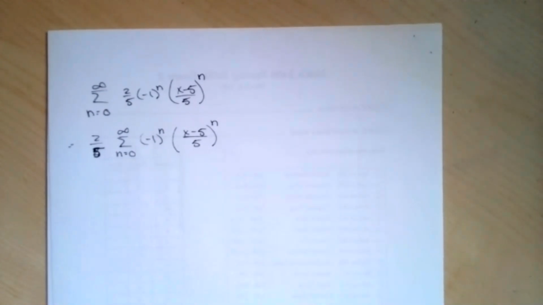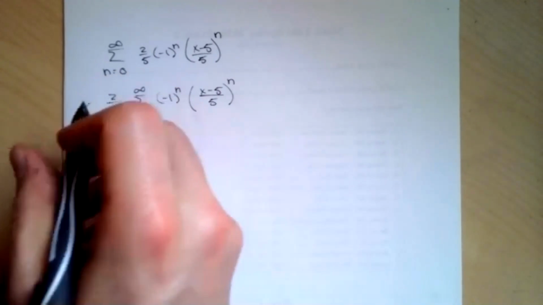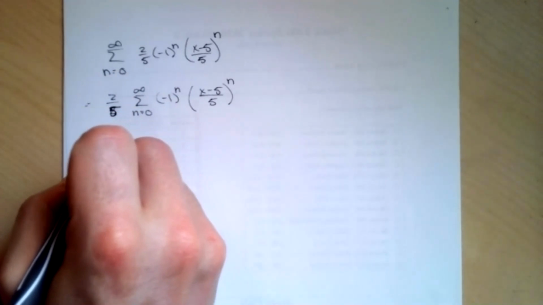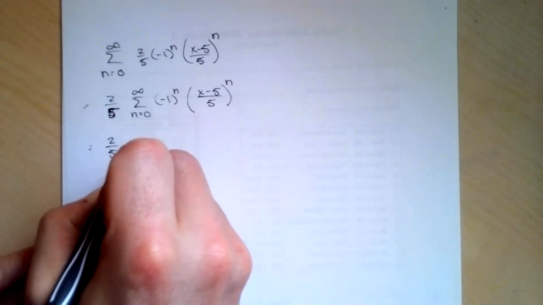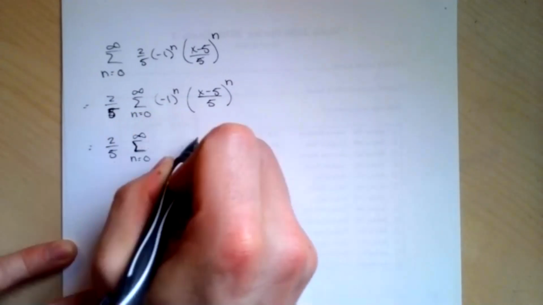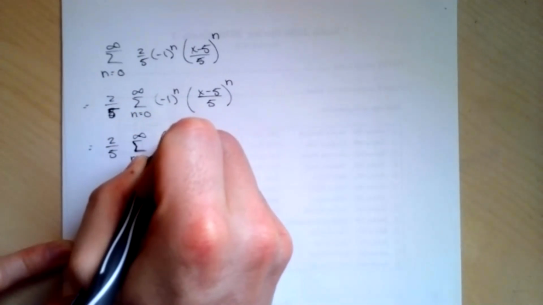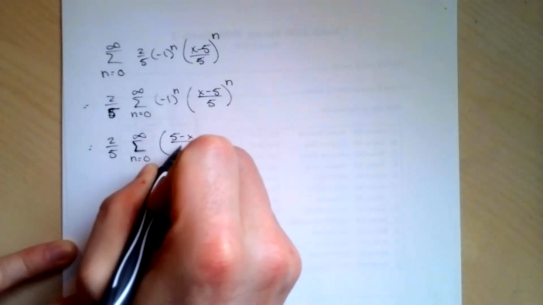Okay, so then that looks like geometric, right? Yeah, exactly. So then the actual equation, I know that the A would be 2/5 and the R would be x minus 5 over 5.